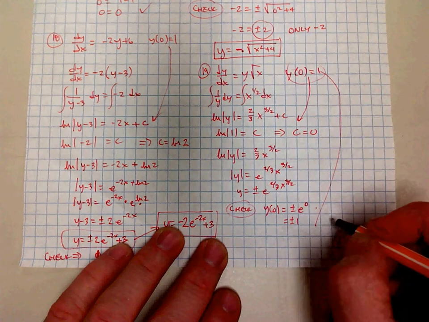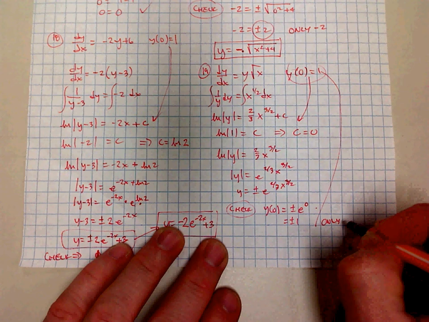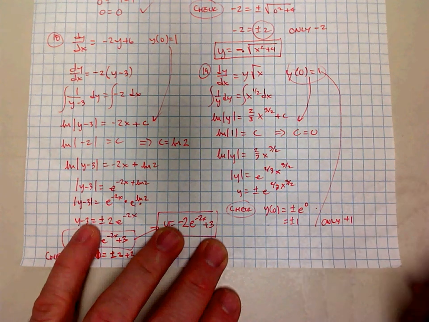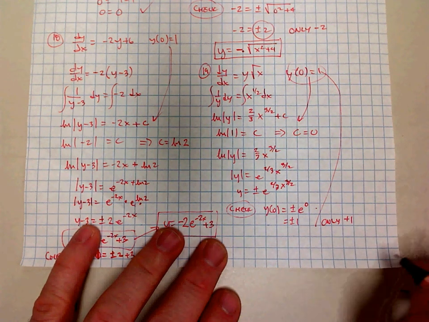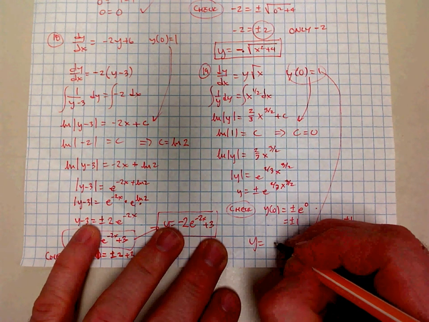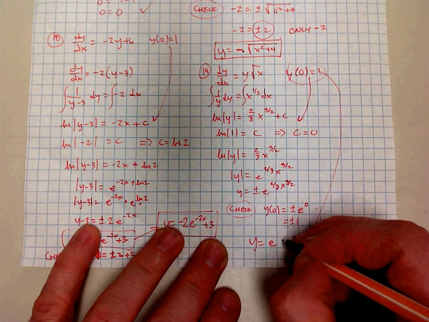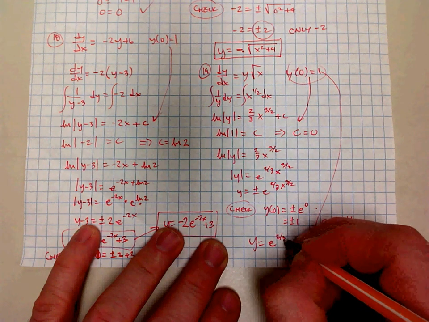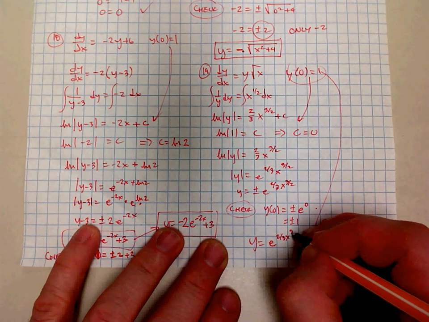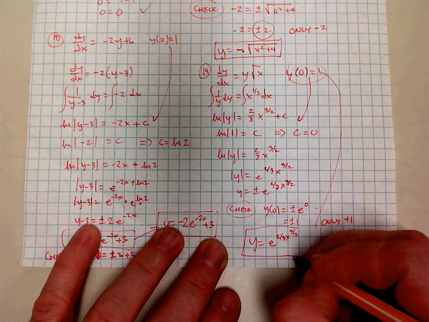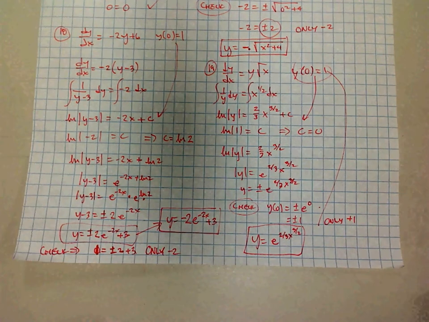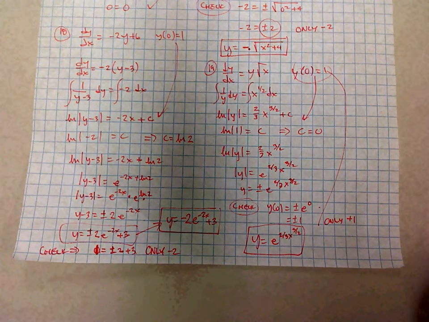So our final answer is going to be y equals only e to the 2/3 x raised to the 3/2 power. And now you have mastered the skill of solving differential equations by separation of variables. Enjoy doing your homework, and I will see you on Monday.